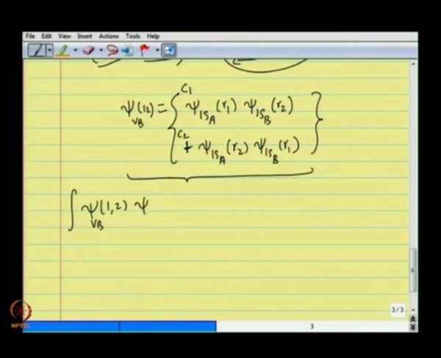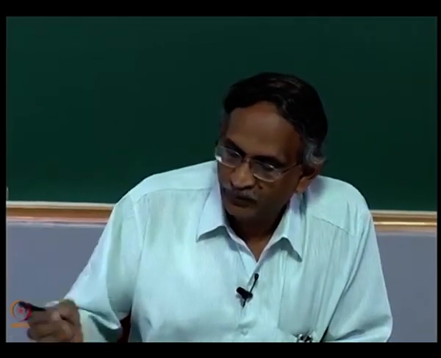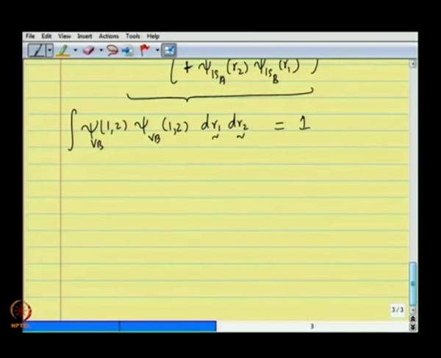Psi star psi of 1, 2, since these are all real orbitals and the coefficients we assume are real, we can write psi 1 2 d r1 d r2, integration over both electron coordinates. The normalization of this wave function leading to 1 must give us this condition.